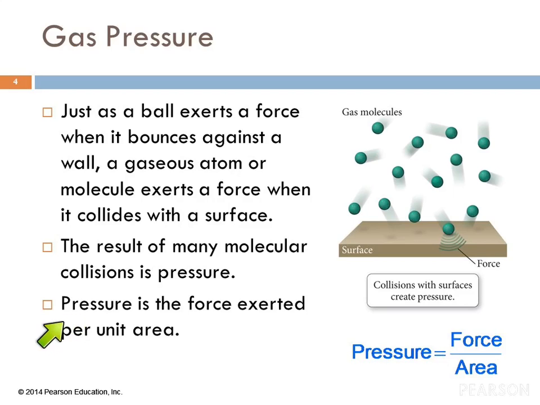Pressure is defined as force exerted per unit area. So pressure equals force divided by area. If you have a very small area, the same amount of force is more pressure.